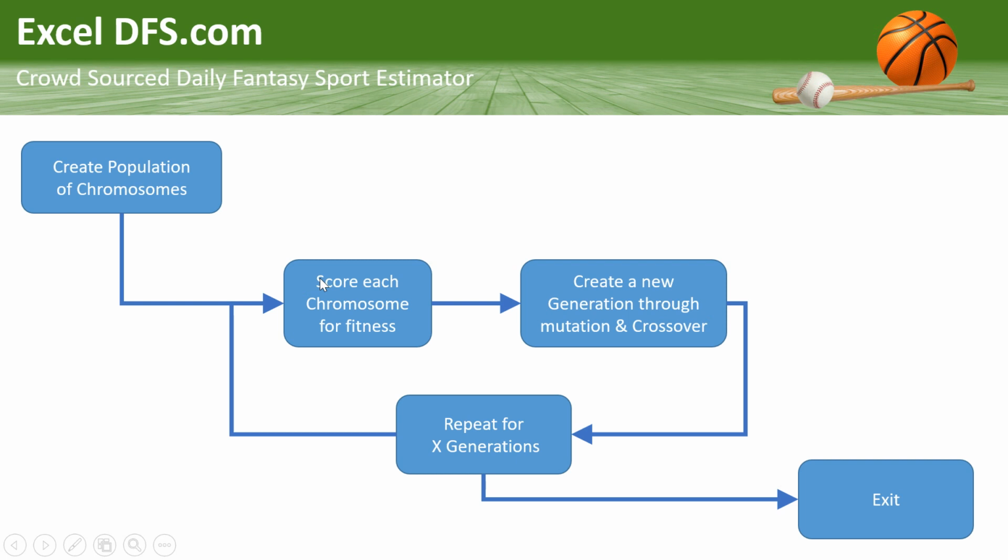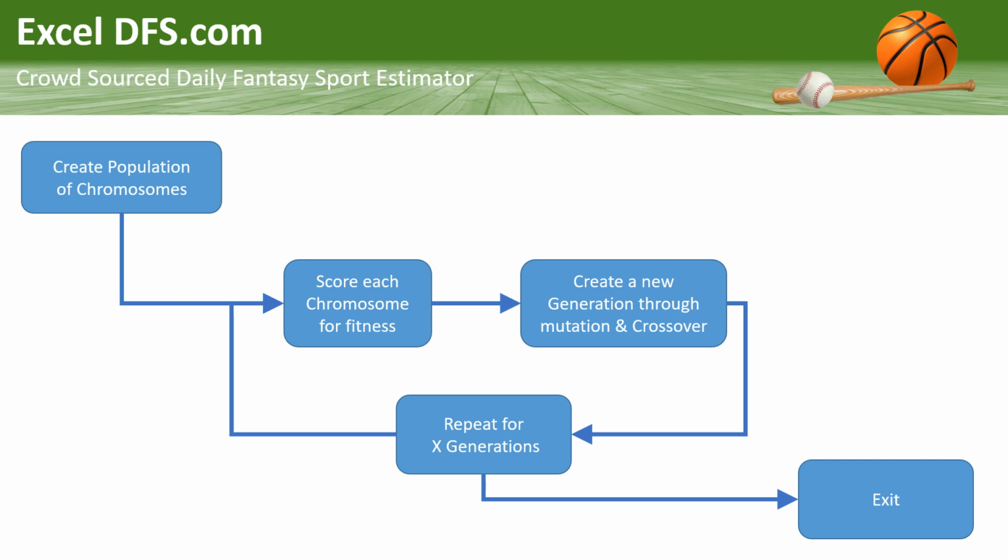The first step in the generational loop is for each chromosome to predict fantasy point scores, and then have their individual predictions tested against the actuals over a period of 30 or 60 days prior to execution of the algorithm.